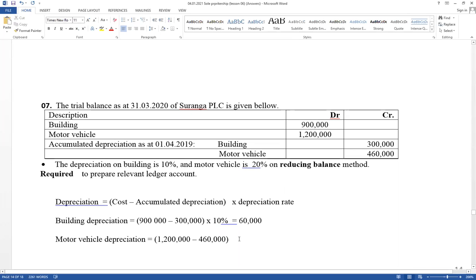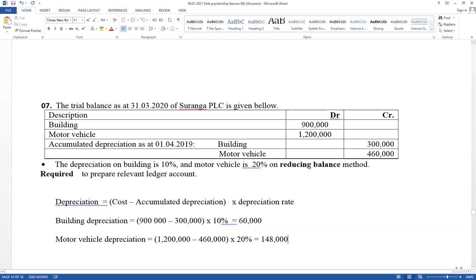It has given depreciation rate 20%. Cost minus accumulated depreciation into percentage. That is the way you have to calculate depreciation in reducing balance methods. Now take the answers. A calculator can be used. Therefore, into 20%, the value equals 148,000.